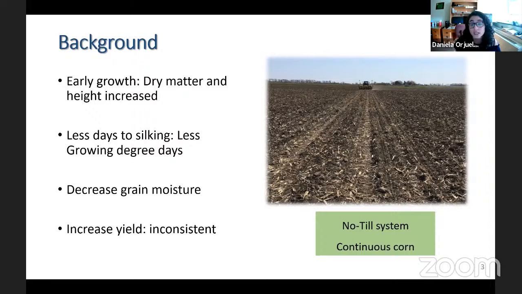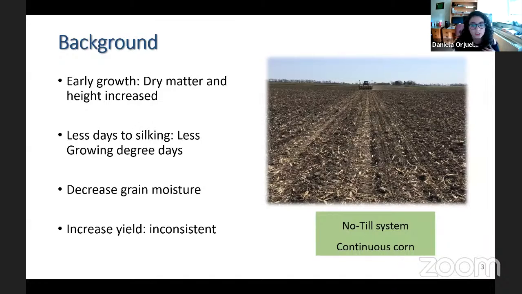And in the case of yield, the response to starter fertilizer has been inconsistent. About 1/3 of the trials that have been done here at Purdue has shown an increase in yield. So why we have this different effect in yield can be related with the type of tillage system and the rotation crop.